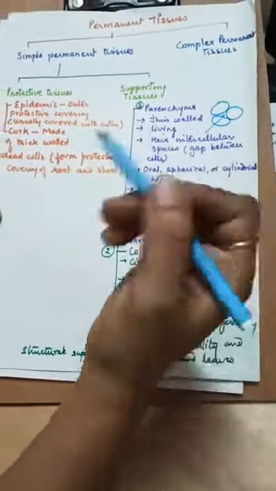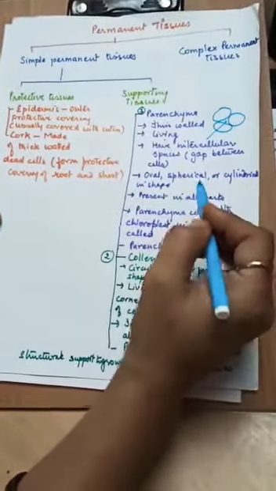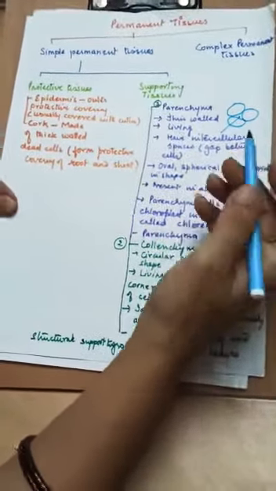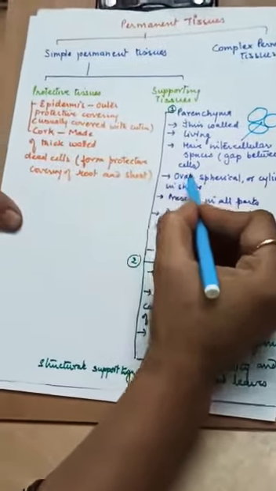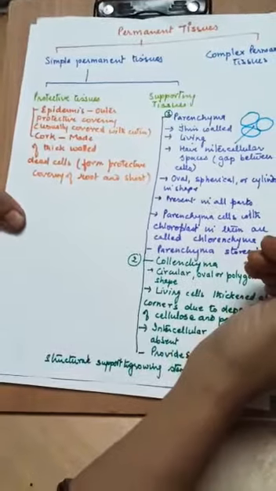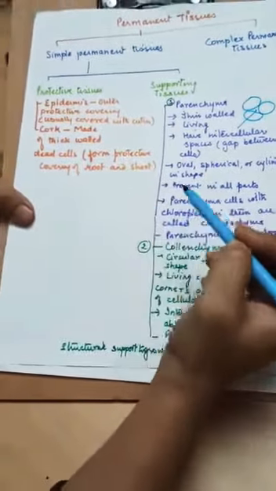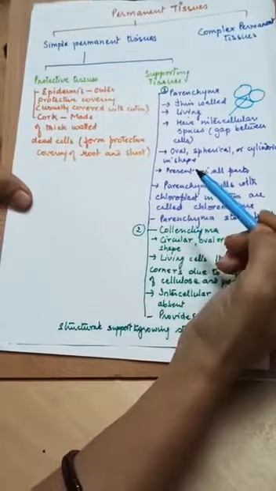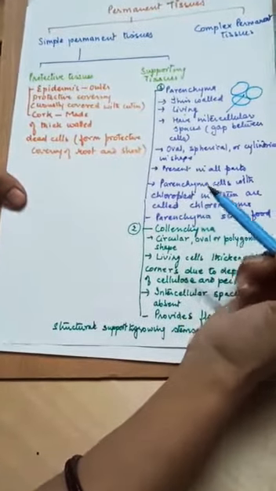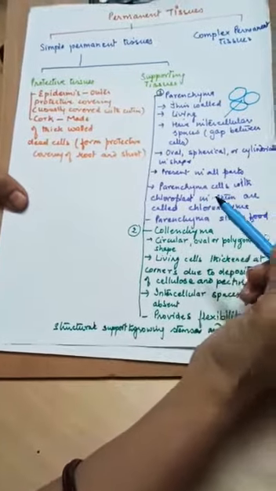They may be oval-shaped, spherical and cylindrical. So, I hope that you know what oval, spherical and cylindrical mean. These parenchyma are present in all parts of the plant, that is root, stem, leaves, everywhere.